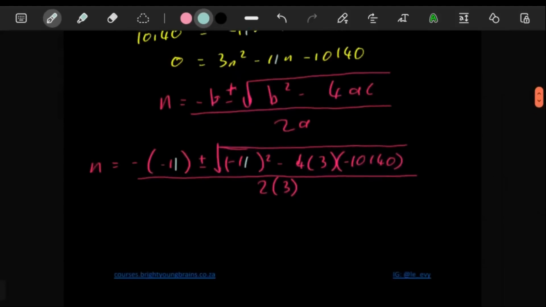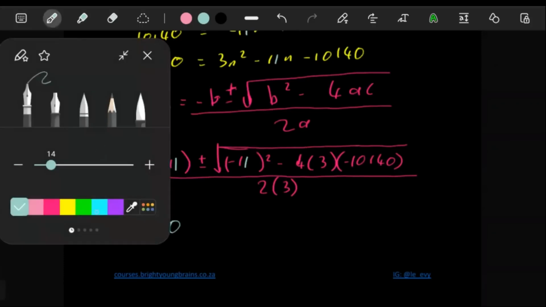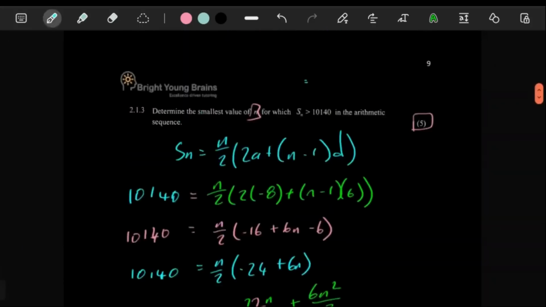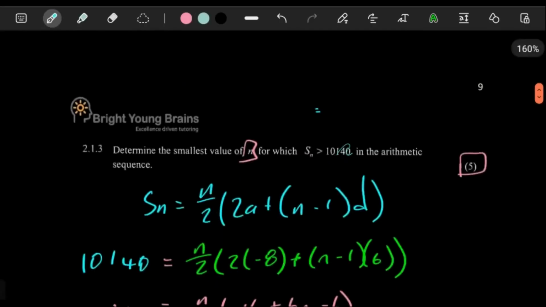So in the calculator, n is going to be equal to 60, or, in this case, the other one is a negative, so that's not applicable. So what that means is, where n is equal to 60, if you add 60 terms, they'll add up to 10,140.